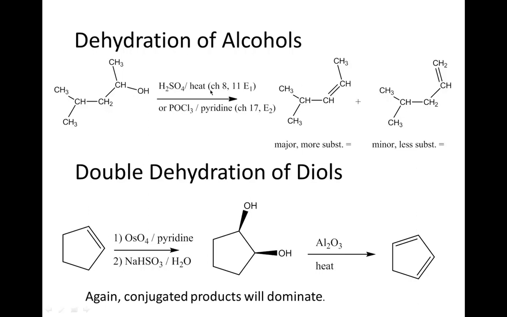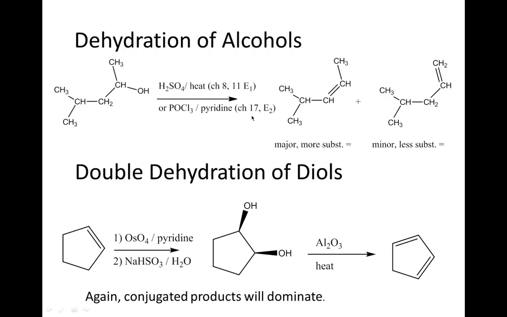So this was the early reaction to take an alcohol and heat it up with sulfuric acid. So again, you're looking for the adjacent carbon hydrogens, so you can take out and put the double bond out here or here. Well, the more substituted double bond here is going to be favored because that's a disubstituted double bond. That's going to be favored over the monosubstituted double bond following this E1 elimination.